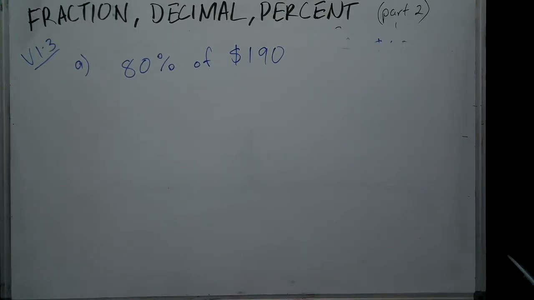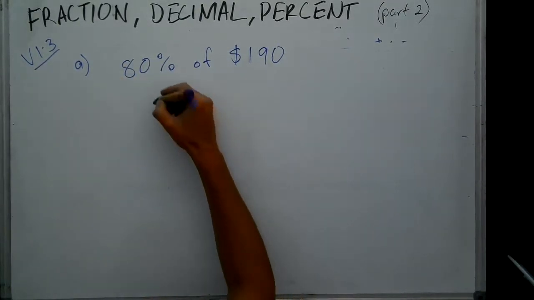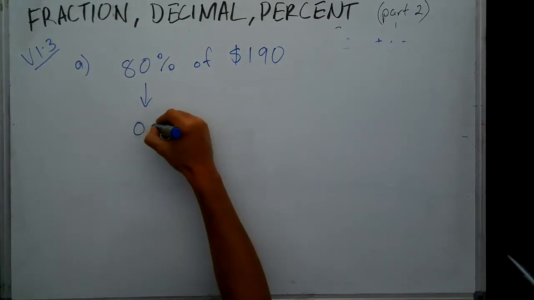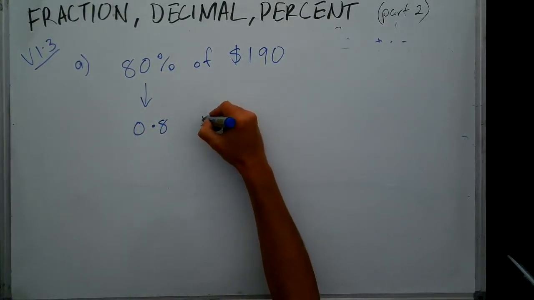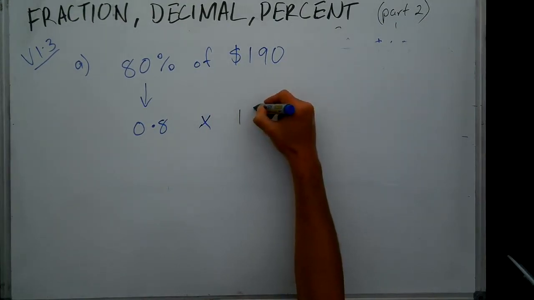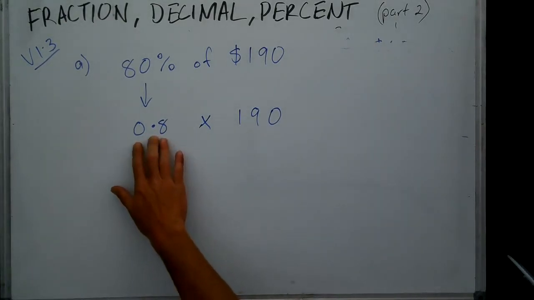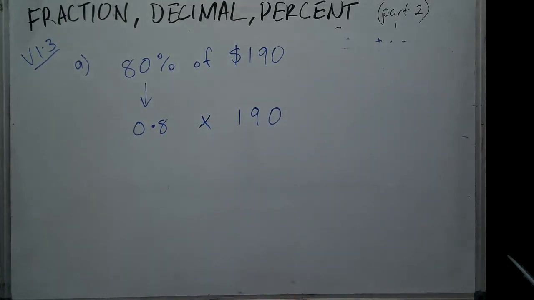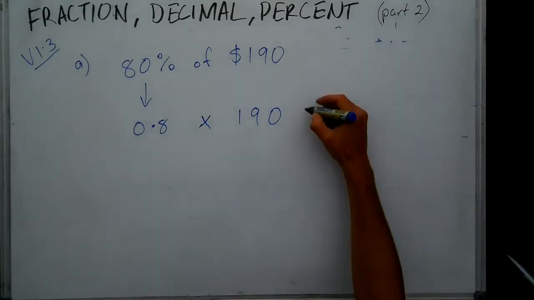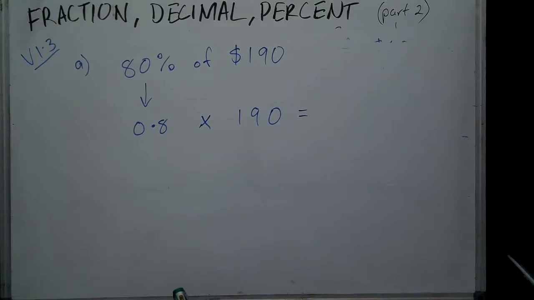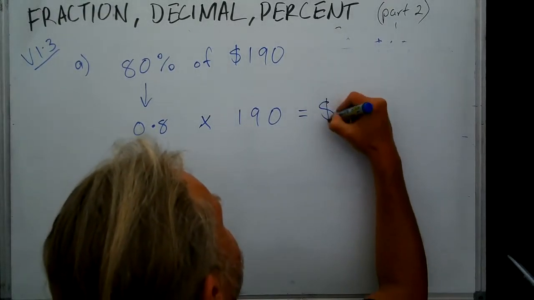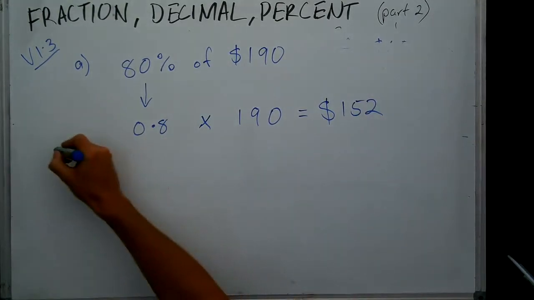So essentially we're dividing this by 100, shifting the decimal place. This becomes 0.8 and multiplying by 190, so it's essentially saying 0.8 lots of 190. And this equals, type it in a calculator, $152.